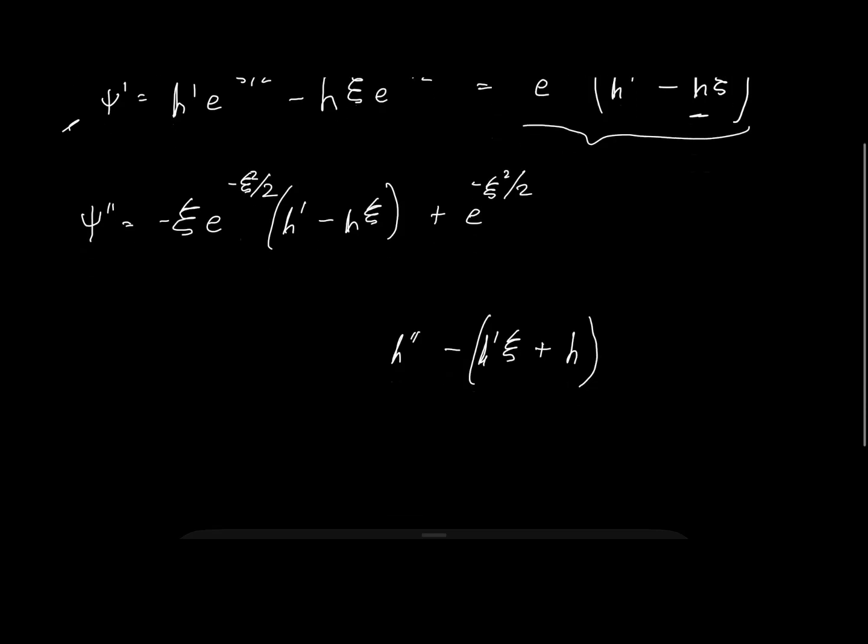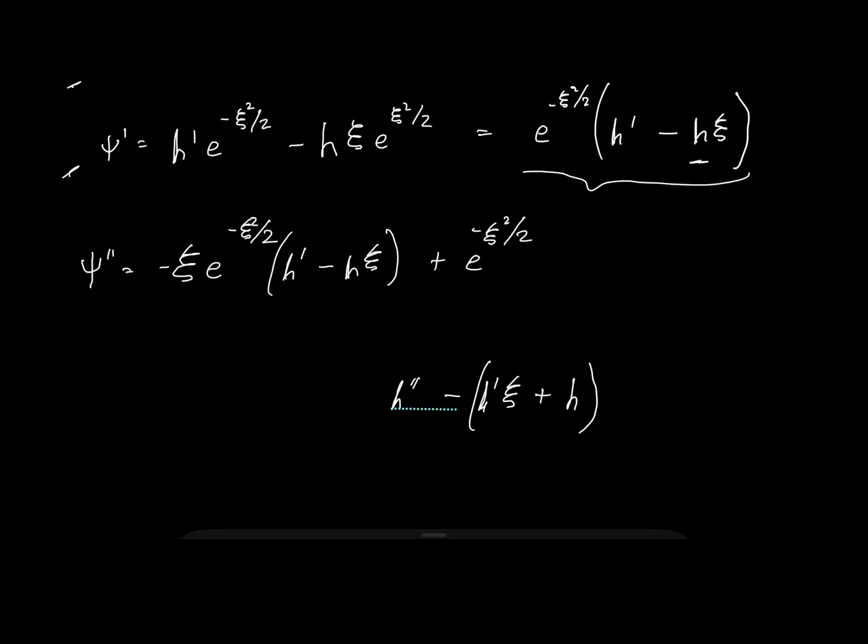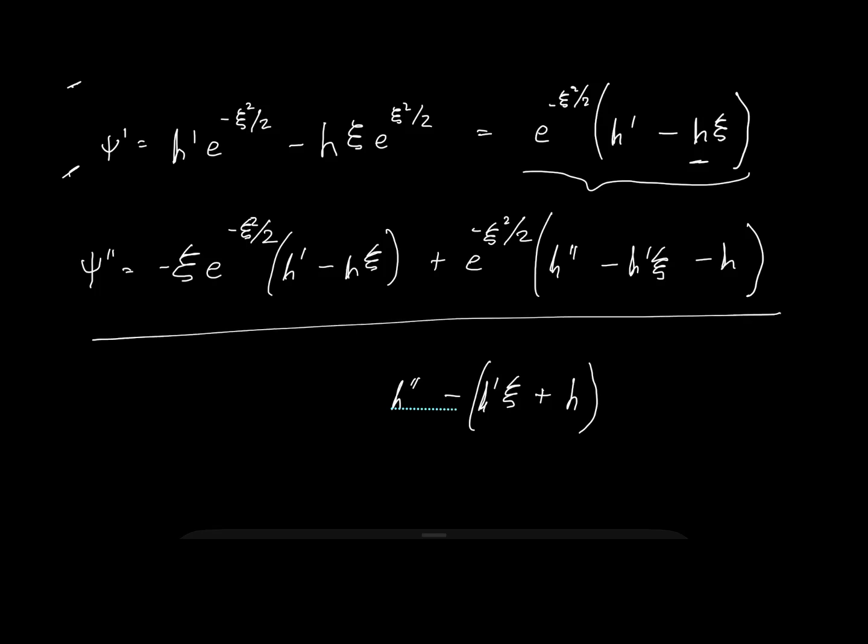So then we have that times h double prime minus h prime c minus h, and that is where our second term is going to come from. So I'll go ahead and now skip back to that part.